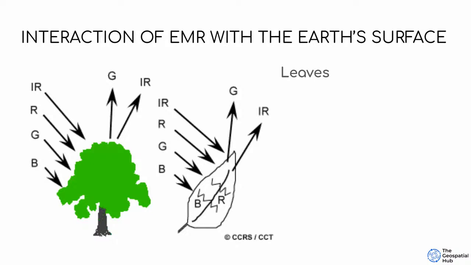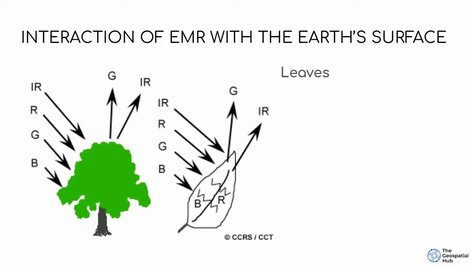So when we want to monitor and measure the health of a crop, you could use the near infrared reflectance. We can use the reflectance of this near infrared to determine if a leaf, a tree or a crop is healthy.